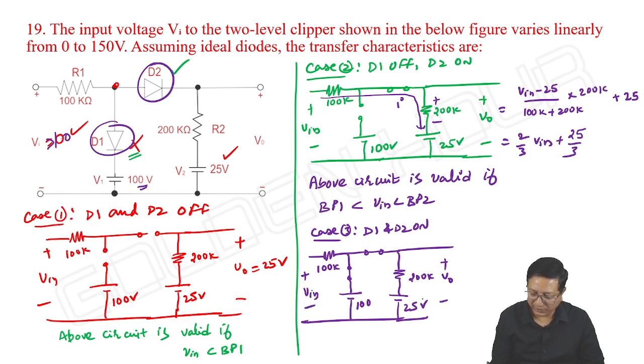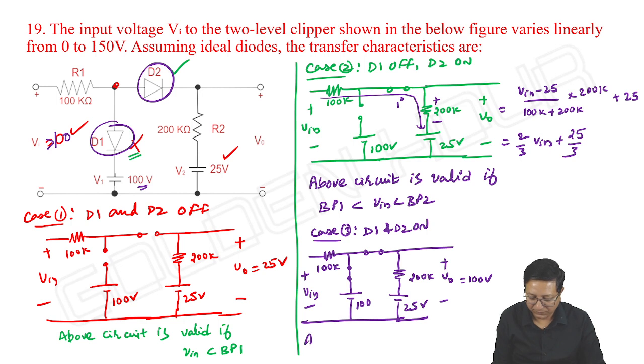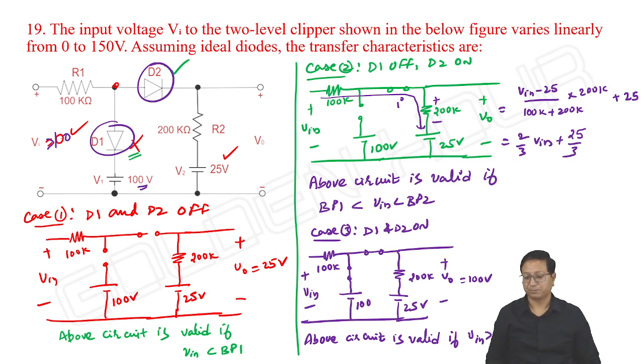What is the output of this particular circuit? It is 100 volts. How long is this possible? This is possible for input greater than breakpoint 2. So the above circuit is valid if input is greater than breakpoint 2.